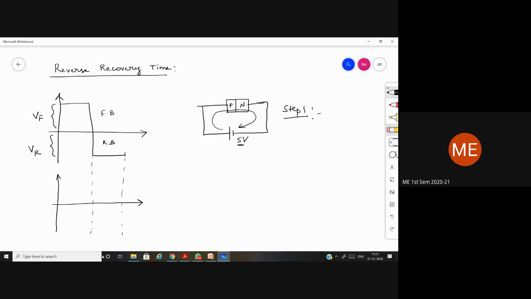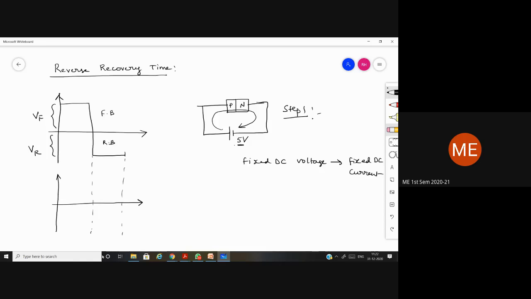Since it is a DC supply we are giving, for a fixed DC voltage I'll be getting a fixed DC current, right?